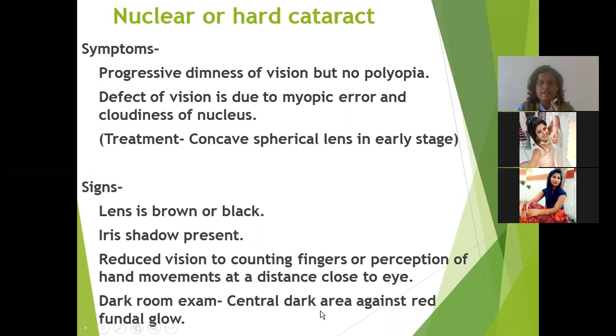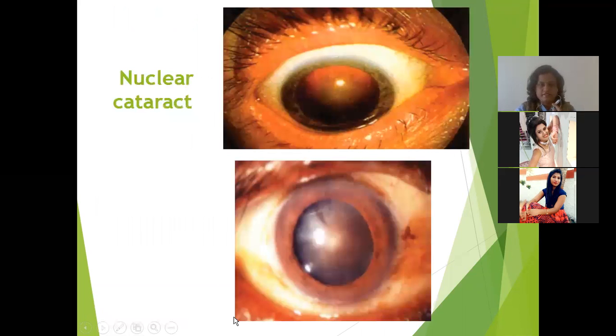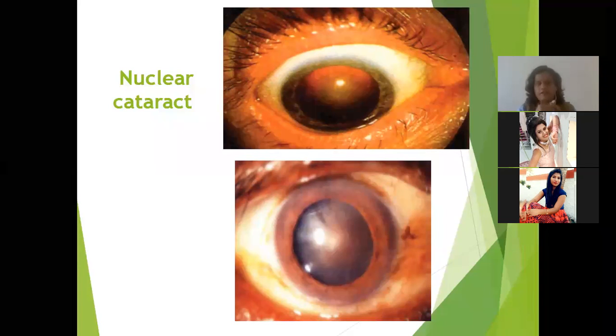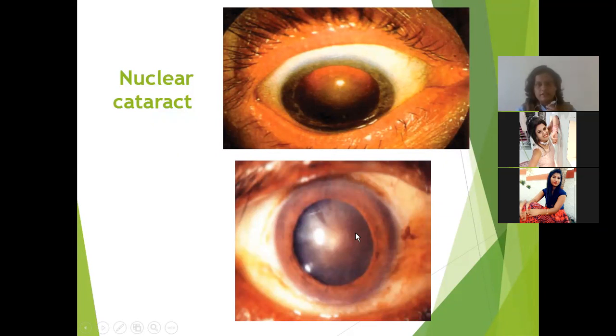A central dark area against the red fundal glow is seen in these nuclear or hard cataracts. So this is a diagrammatic presentation of a nuclear cataract. In that we can see how the nuclear or hard cataract looks. So this one is a nuclear cataract. This is a nuclear or hard cataract.